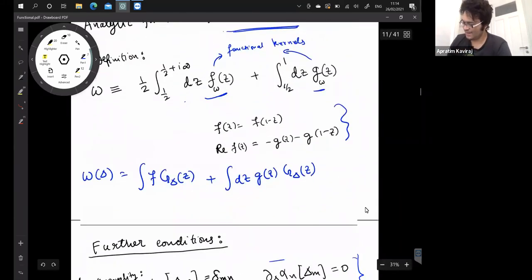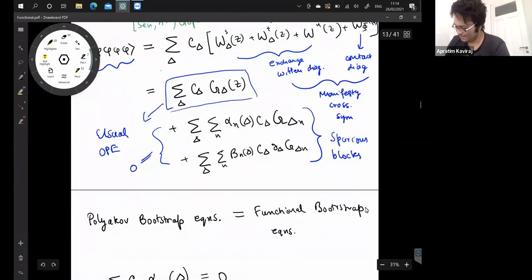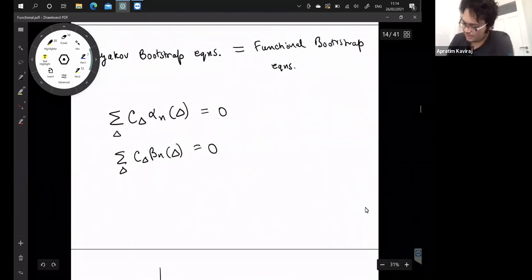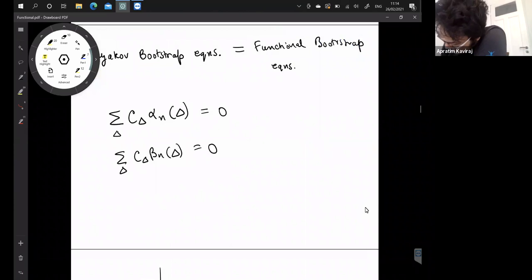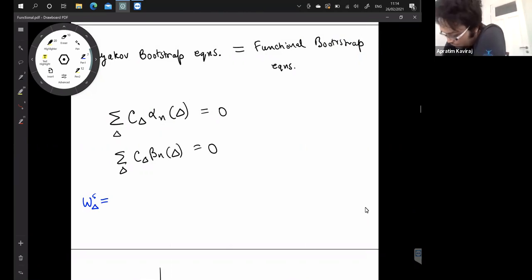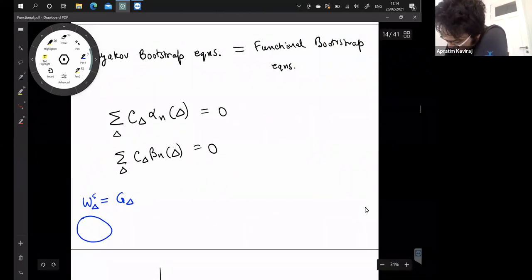Okay, I haven't written it, so let me write down the expression for the Witten diagram. The S channel Witten diagram is given by the following. An exchange Witten diagram is something like the following.